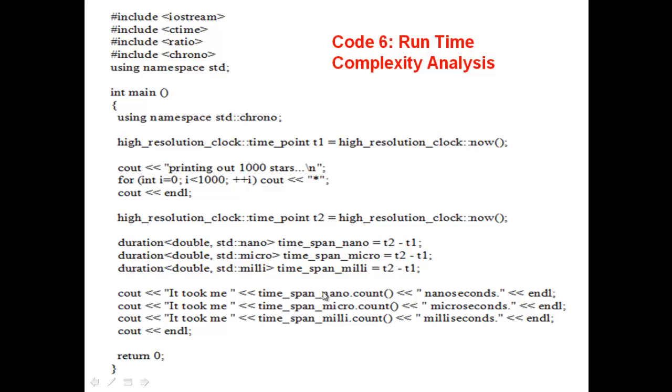Call the count function in that class, and that will print the time in whatever unit you passed to create that object. This is basically creating that object and specifying that you want the difference captured in nanoseconds. So when you say dot count, the magnitude will be in nanoseconds. If you say micro, the magnitude will correspond to microseconds, and then milliseconds. So this is a template for measuring the physical time it takes for your program to run, or any functions that you want to implement to run.